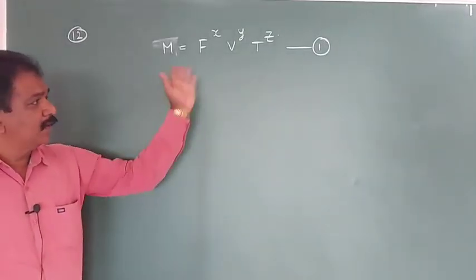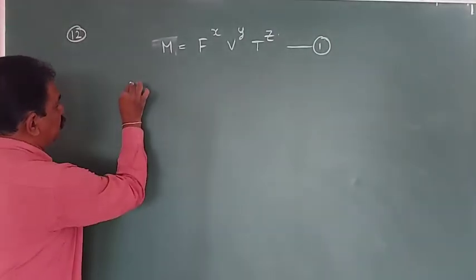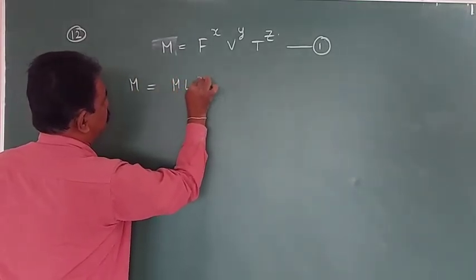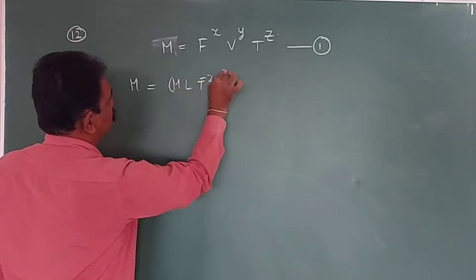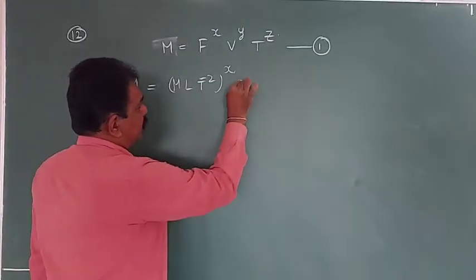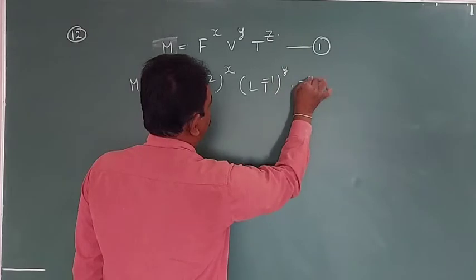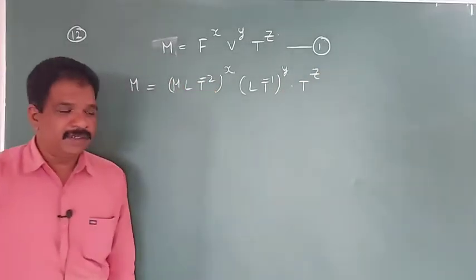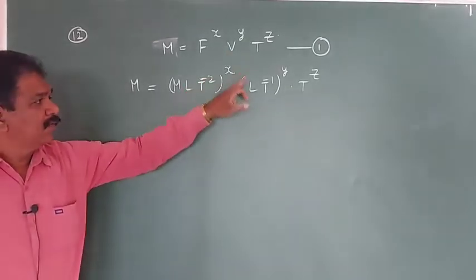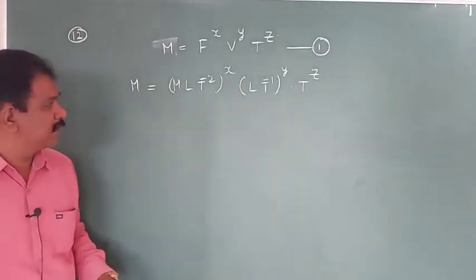Clear? Write the dimensional formula on both sides. M is equal to force, M L T power minus 2, power x, velocity L T power minus 1, power y, T power z.